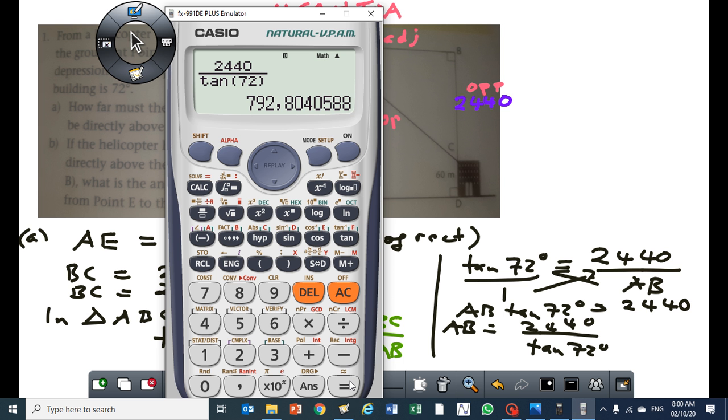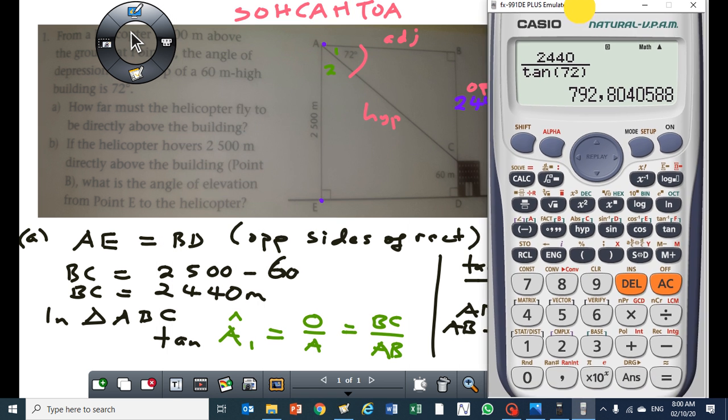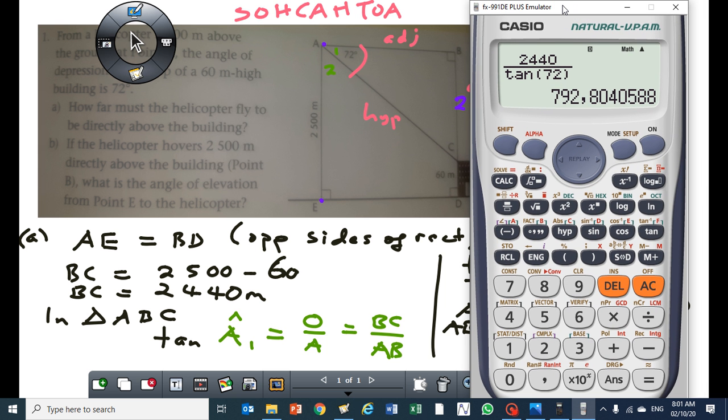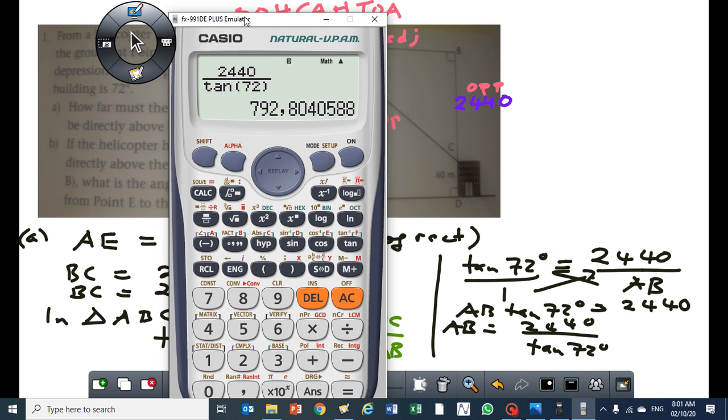You get 792.80 meters. So that's our answer there. Let me put that here. I'm going to use a different color for that.